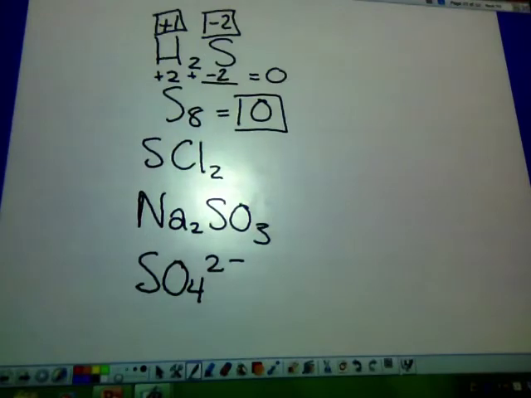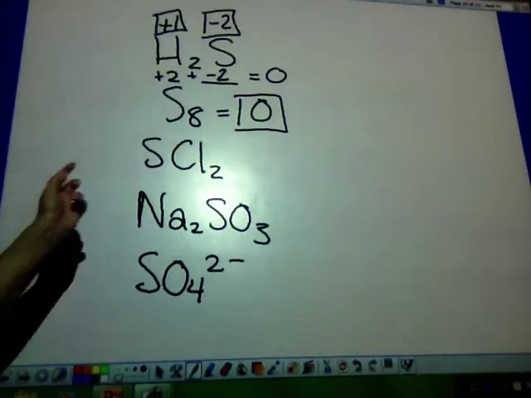Okay, let's look at sulfur dichloride, SCl2. Again, I don't have a rule for sulfur, so I'm going to have to go off my rule for chlorine. We know that halogens, and chlorine is a halogen, usually have an oxidation number of -1 unless they're with an oxyanion, some type of polyatomic that has an oxygen attached to it. This does not.